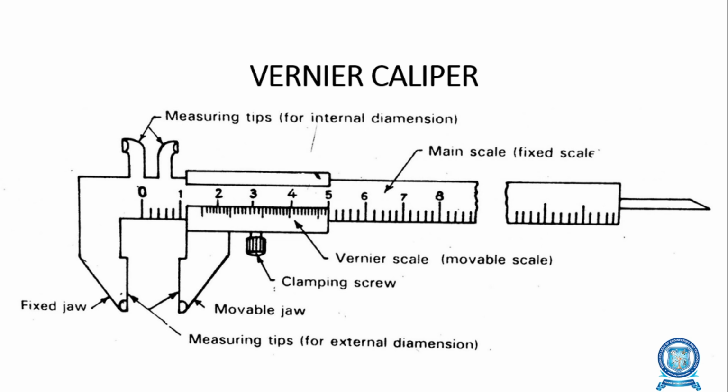The vernier caliper consists of three elements: the beam, the fixed jaw and a movable jaw. This movable jaw slides over the main scale according to the dimension of the specimen to be measured.